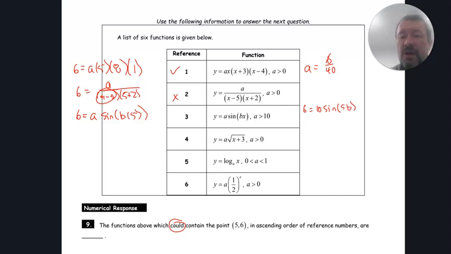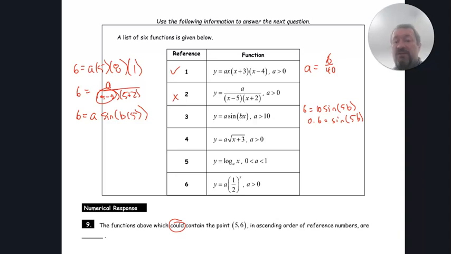Well, this would mean that what I'm looking for here is some situation where the sine of 5b is equal to 0.6. Well, can sine be 0.6? Yeah, it totally could. In fact, that's right in the range of values that sine can take. So absolutely it could.